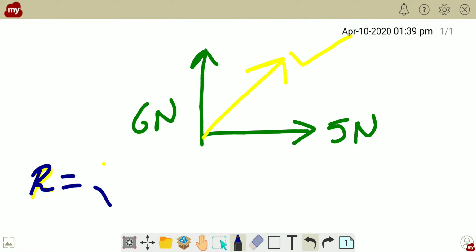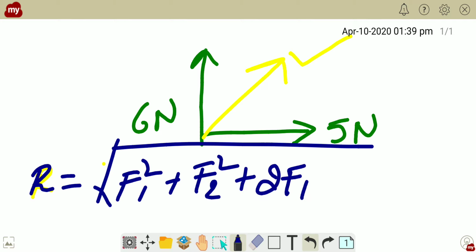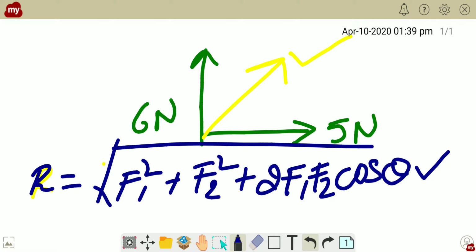Here we have already found out the resultant by the parallelogram law of forces, right? R equals root over f1 square plus f2 square plus 2 f1 f2 cos theta, where theta is the angle between the two forces. And here, what is the angle between the two forces? This is the first force and this is the second force.